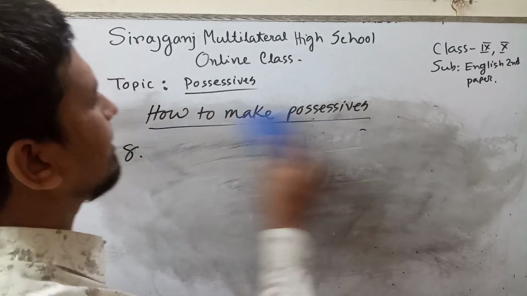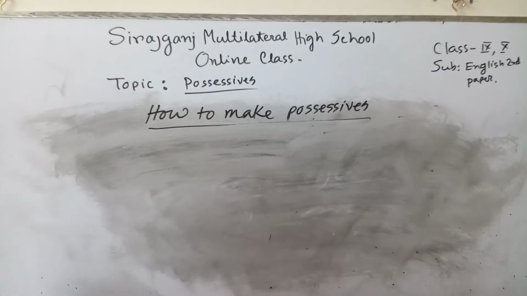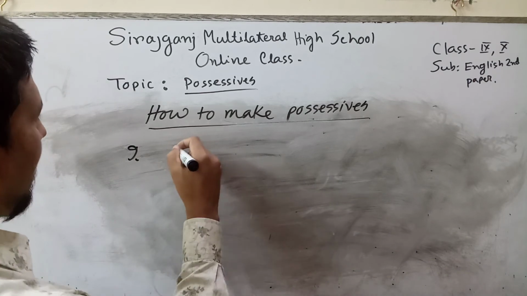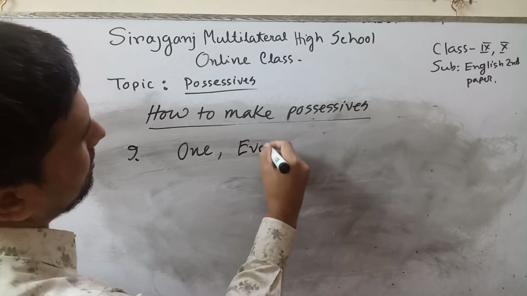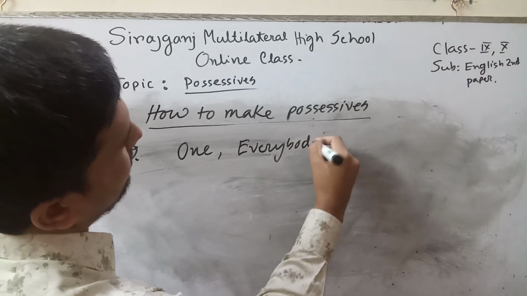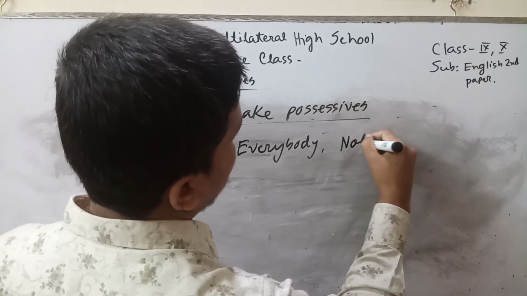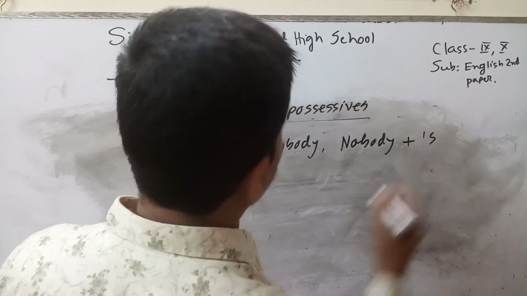And finally, I would like to give you another example, number 9, that is one, everybody, and nobody plus apostrophe s.